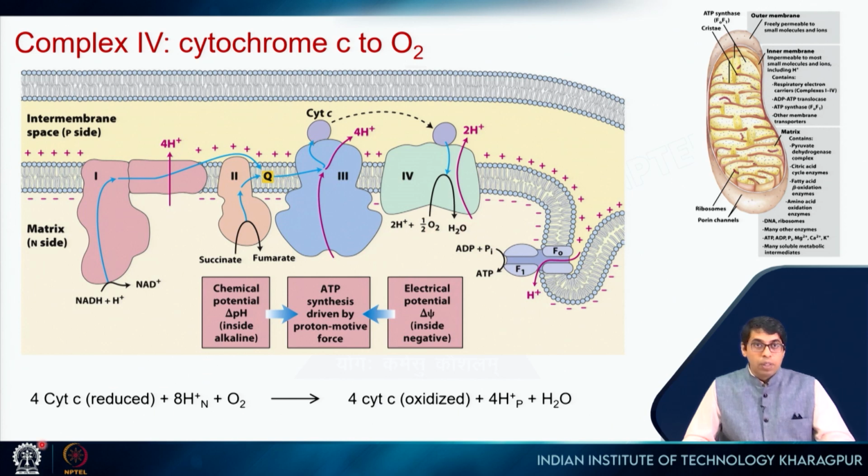So cytochrome C, which is the reduced form, plus protons from the matrix side plus oxygen: this will get oxidized, 4 protons are pushed out, and oxygen is reduced to water. If you do your balance, you will see that ultimately 2 protons are pushed out from the N side to the P side, because some protons will be taken up by the water molecule.